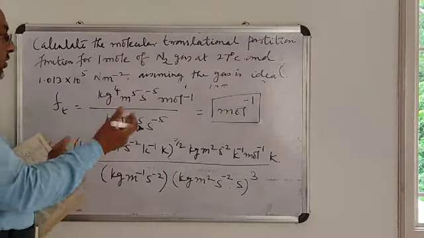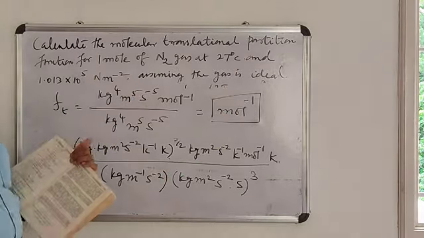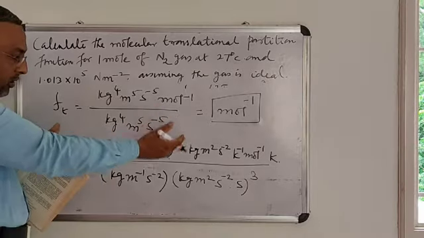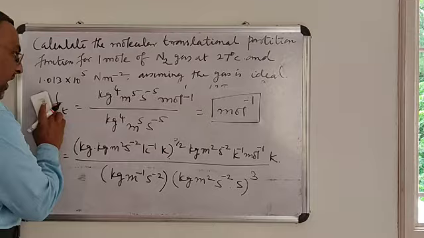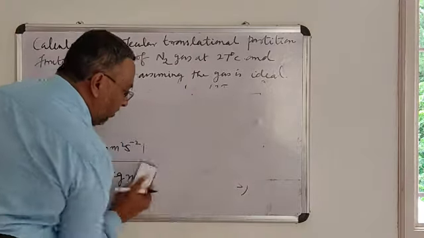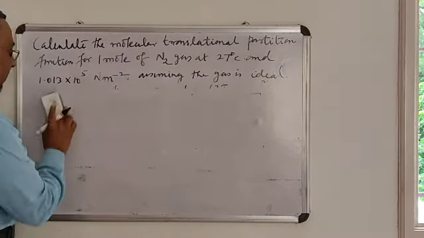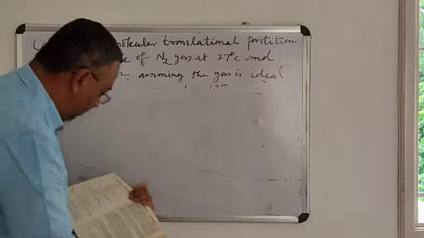Now we have to substitute the numerical values and find out the value. We have solved only the unit. Now we are substituting the values to find out the exact value of translational partition function.